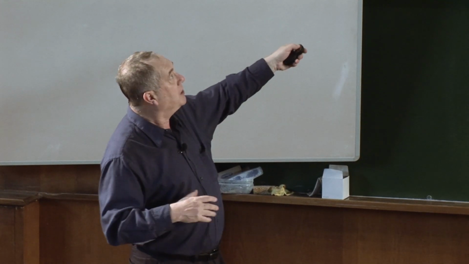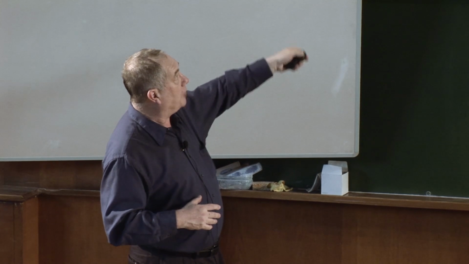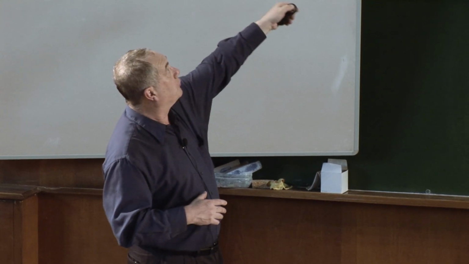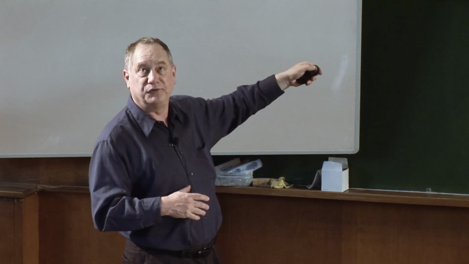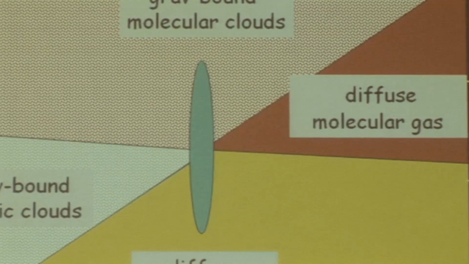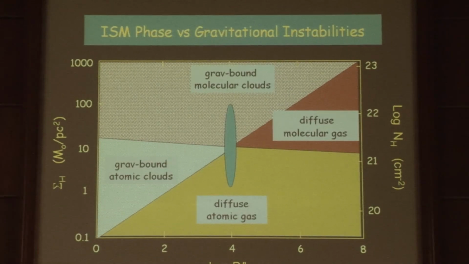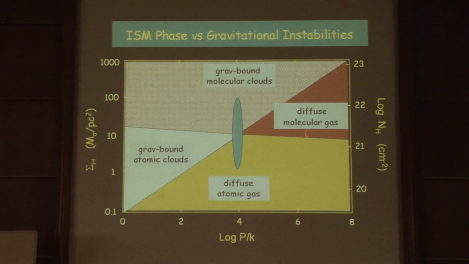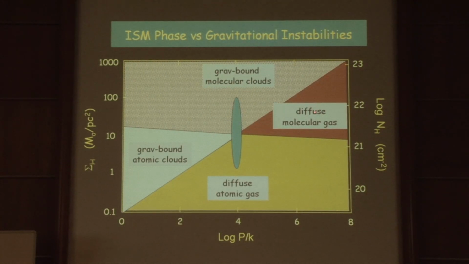In principle, there ought to be physical regimes in galaxies where you can have not only gravitationally bound molecular clouds, as we see in the Milky Way, with the rest being in a diffuse non-bound form, but at higher pressures, breaking the degeneracy, you could imagine having diffuse atomic gas and diffuse molecular gas before you had molecular clouds, or at low densities, gravitationally bound clouds.